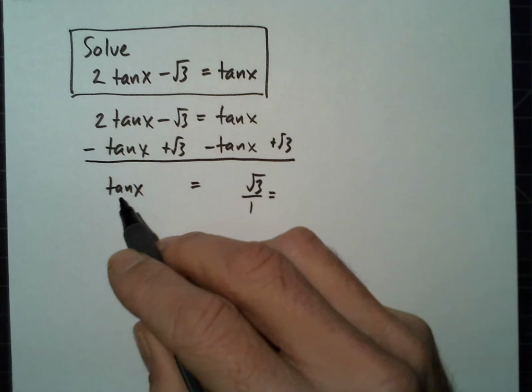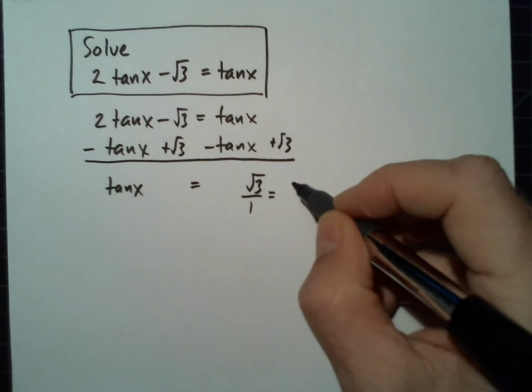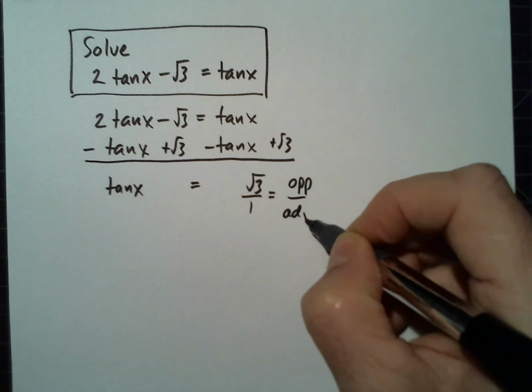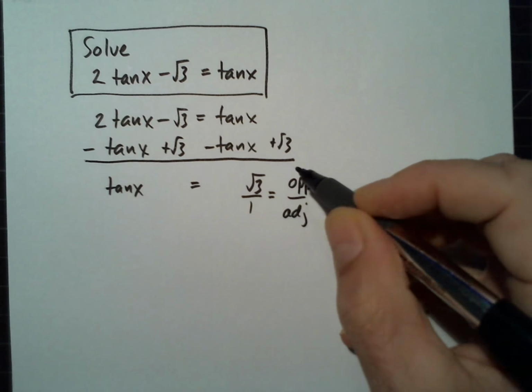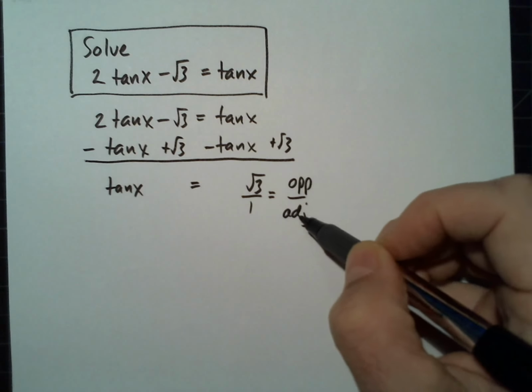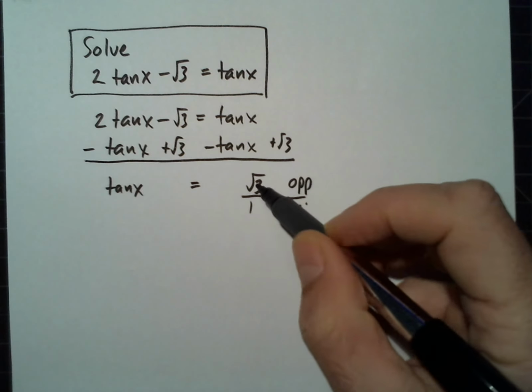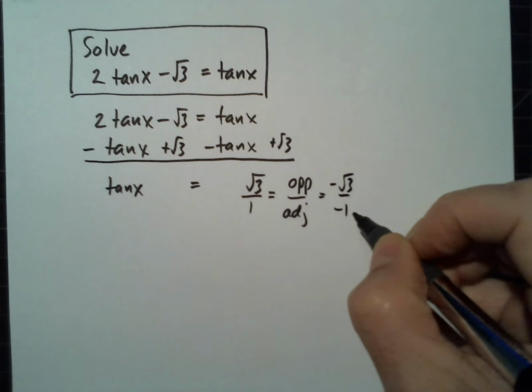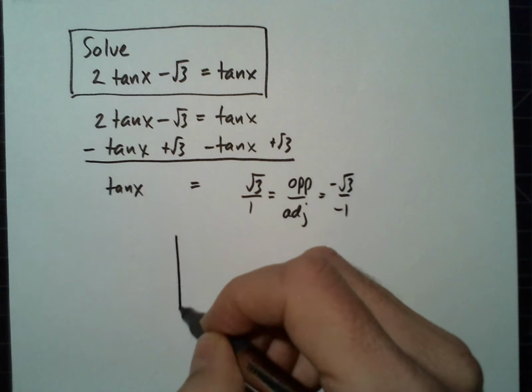Let's look at the ratio. The definition of tangent is opposite over adjacent. Now, opposite and adjacent, y over x, they can both change signs. So we could have a positive over positive, or we can have a negative over a negative.